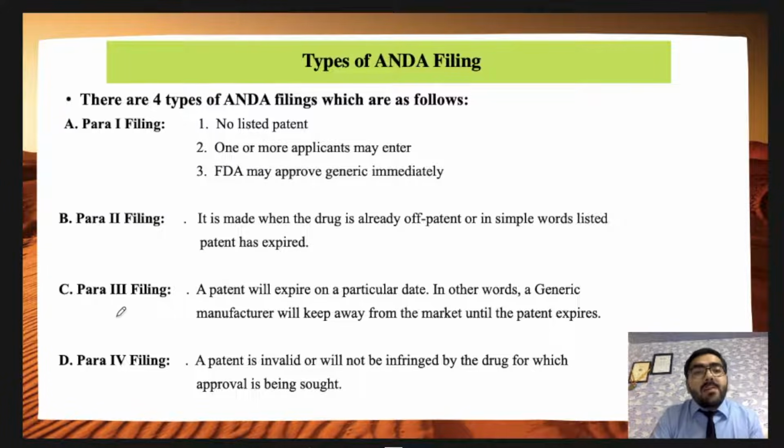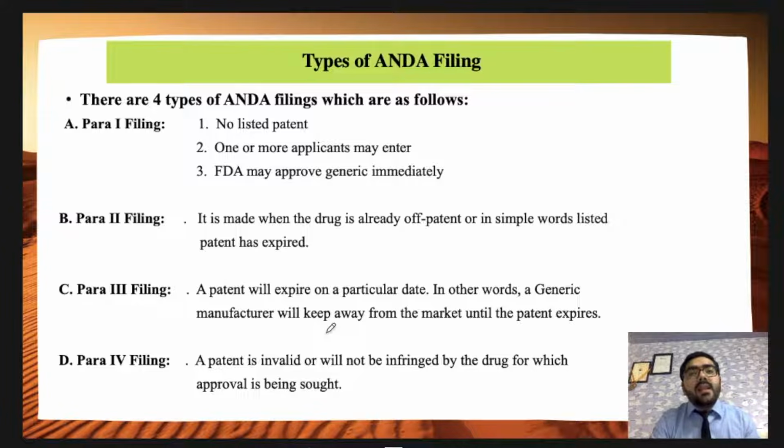Then para 3 filing is used when a patent has not expired but will expire on a particular date. A generic manufacturer will stay away from the market until the patent expires. When the patent expires, the generic manufacturer will be able to file the ANDA via para 3 filing.